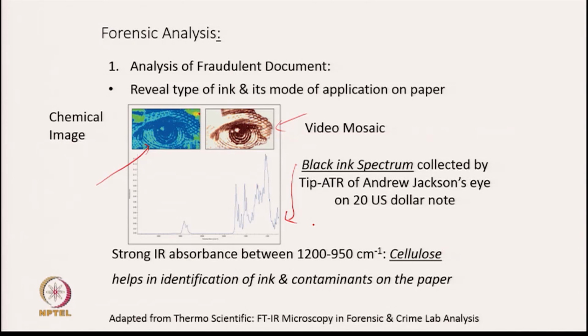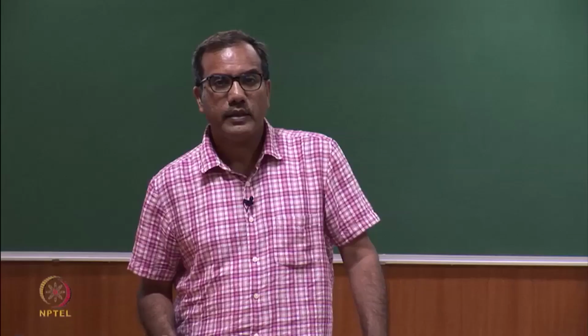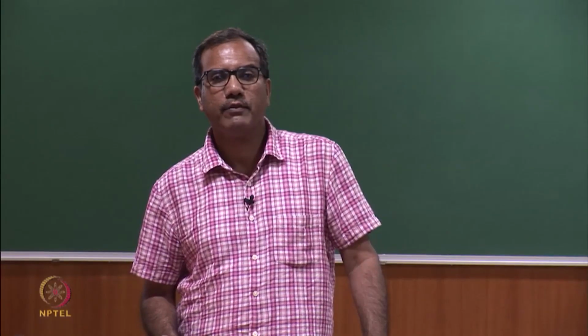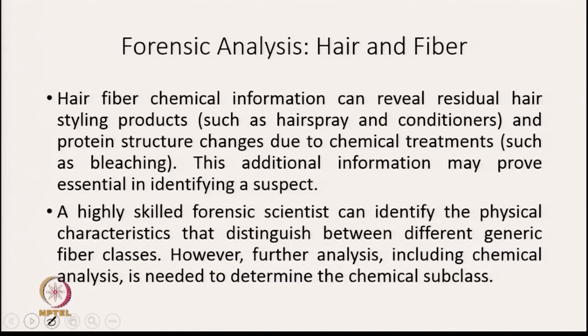on a fraud paper. Analysis of hair and fiber is an important component to point to a suspect. Chemical information of hair and fiber can tell you about hair styling products used by a suspect, and this additional information can prove to be essential in identifying a suspect.